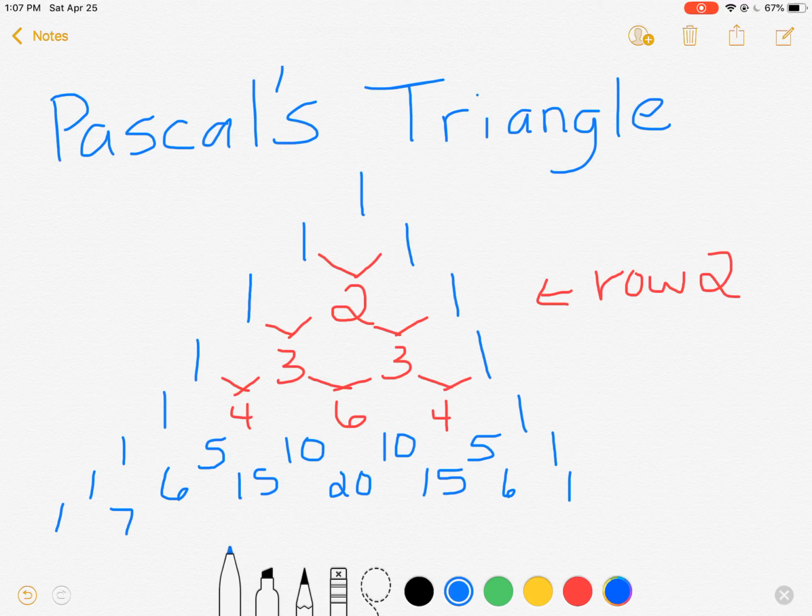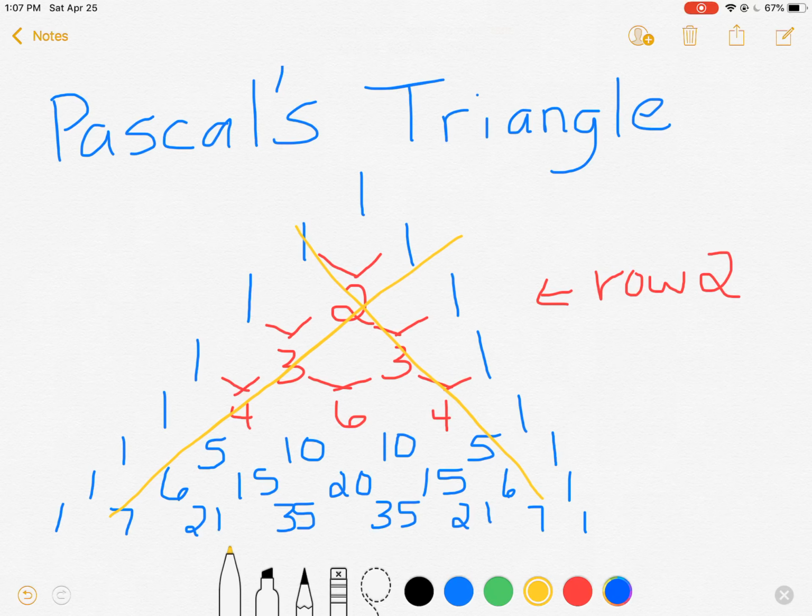So this is row 7. Your second number will always tell you the row number you're on. 21, 35, 35, 21, 7, and 1. So Pascal's Triangle's got all kinds of patterns. If you look down this diagonal, those are just your numbers in order. 1, 2, 3, 4.